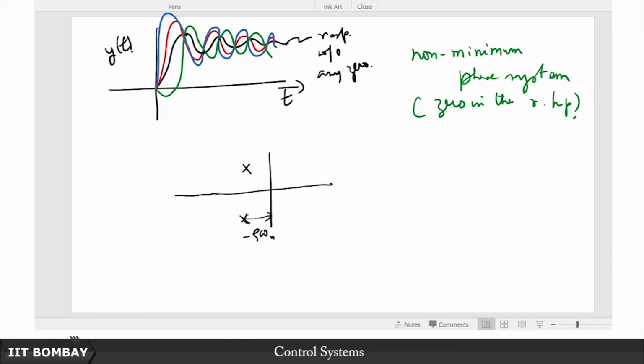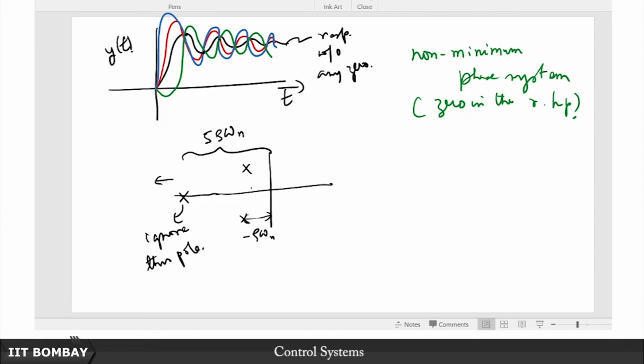If your third pole is somewhere here, almost 5 times zeta omega n or more to the left, then we can ignore this. So that's a good rule of thumb.